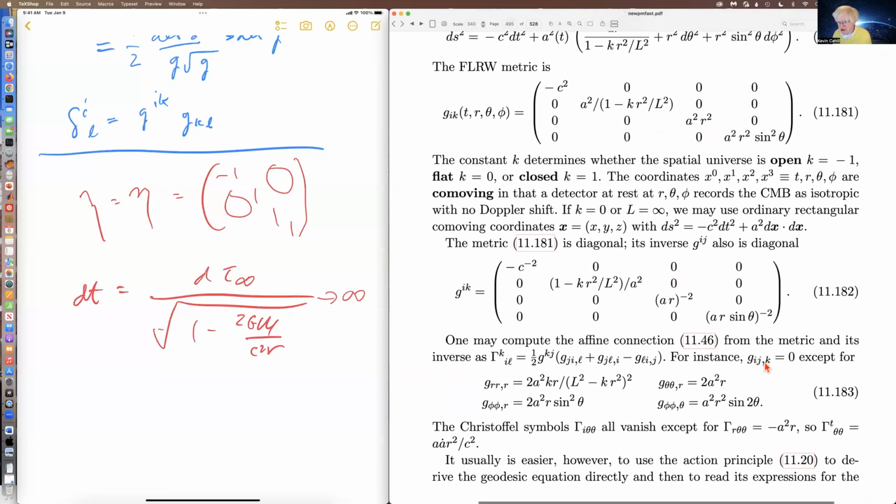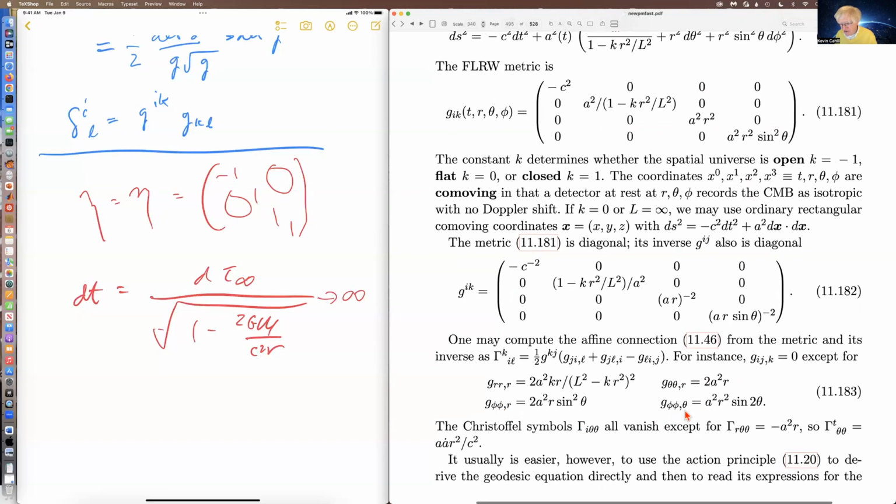In fact, all the g's comma 0 are not 0. So I will fix this before I post it on the class website tonight. But one can compute the other ones, g_rr comma r, g_theta theta comma r, g_phi phi comma r, and g_phi phi comma theta.